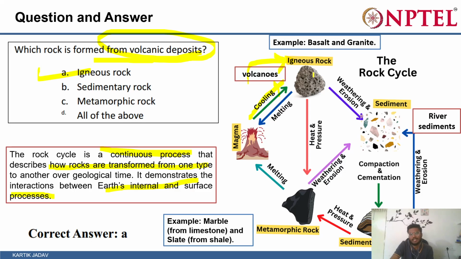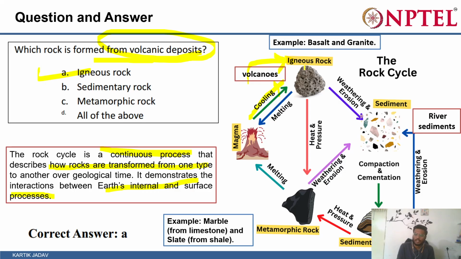Also, whenever igneous rock melts down again, it forms magma. But if there is sufficient weathering and erosion of this igneous rock, it forms small sediments, and compaction and cementation of that sediment ultimately form sedimentary rocks.